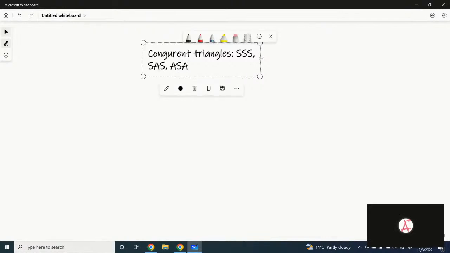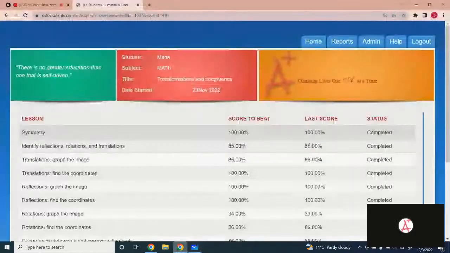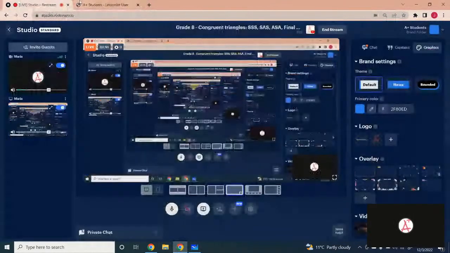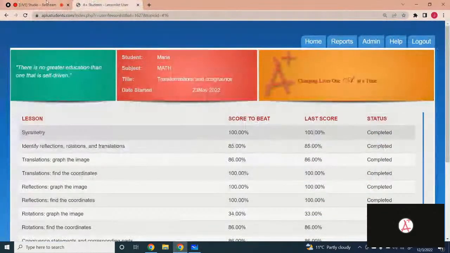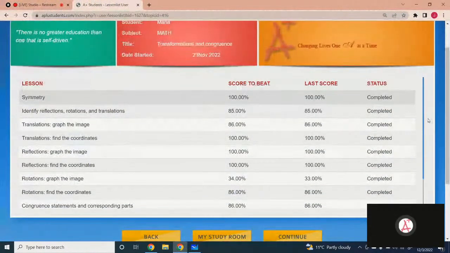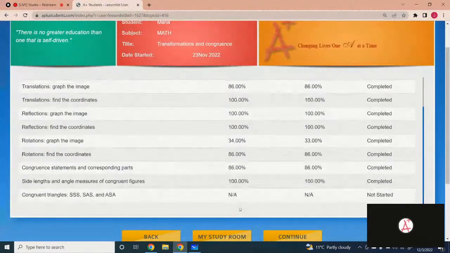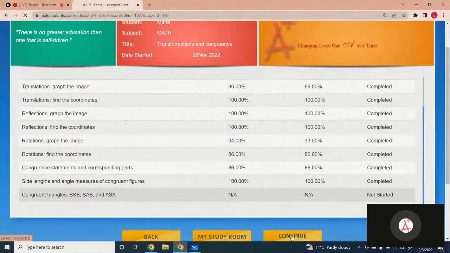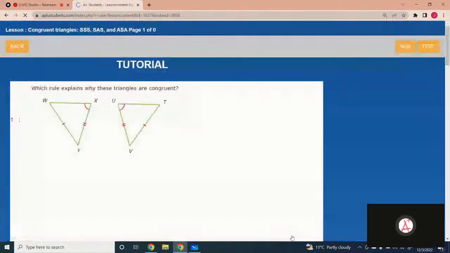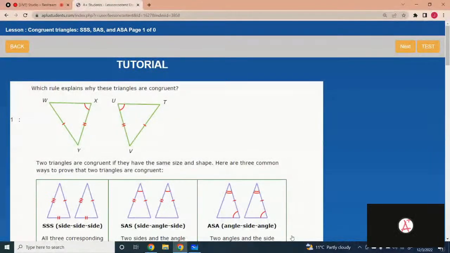Yes, that's the lesson name. Okay, here is the lesson.